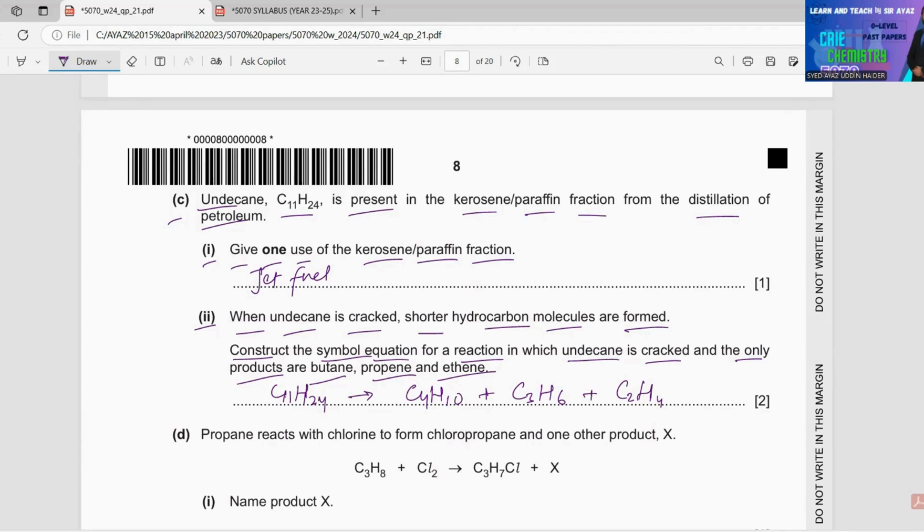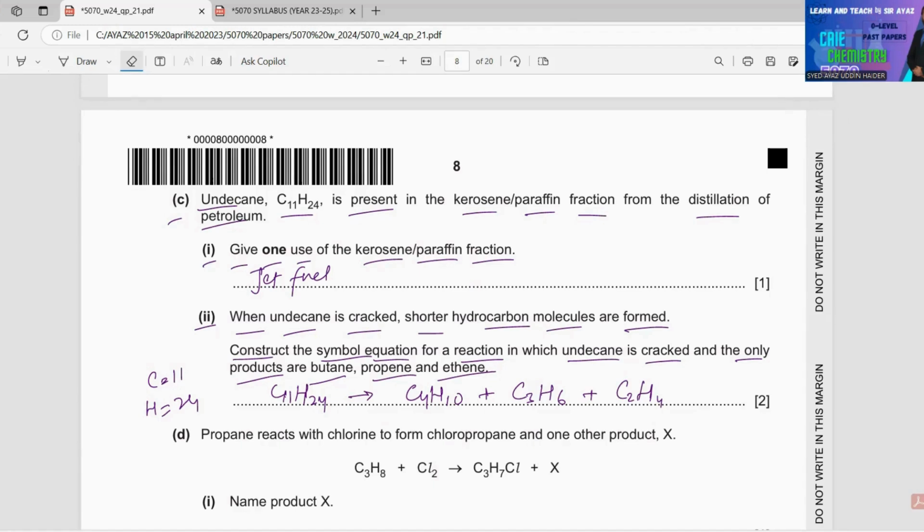So it means we need to balance the carbon and hydrogen also. So if I place 2 before C4H10, the total number of carbon atoms becomes, here we have C11 and H24. If I place 2 before C4H10, 2 multiplied by 4 is 8. 8 plus 3, 11. No, we can't use 2 because this is increasing the carbon atoms. So 2 is the wrong option for butane.